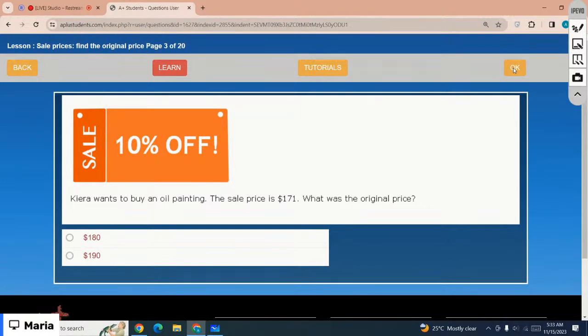You can do the question on your notebook and just write the correct option in the chat box. The correct option is, yes, that is $190. The original price of the oil painting is $190.